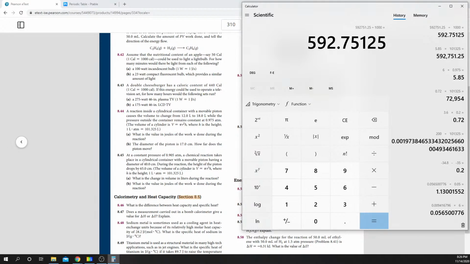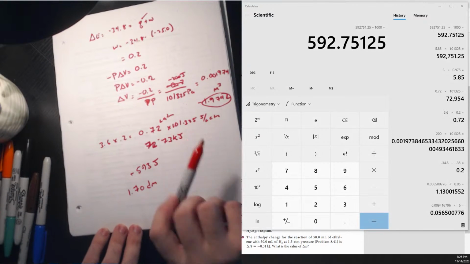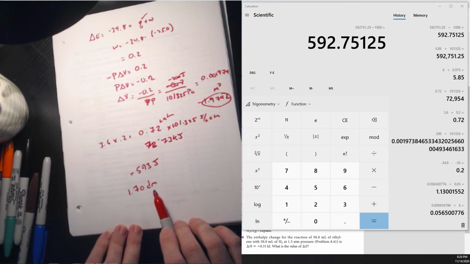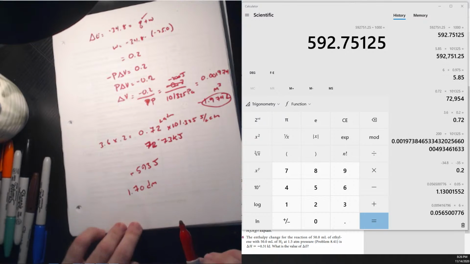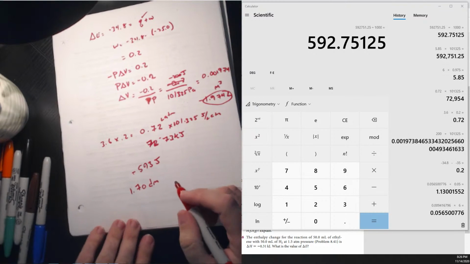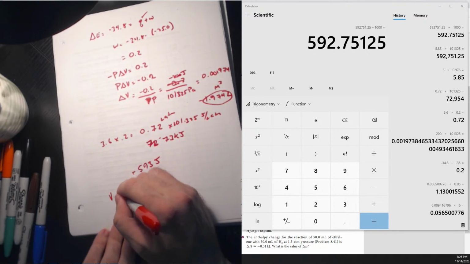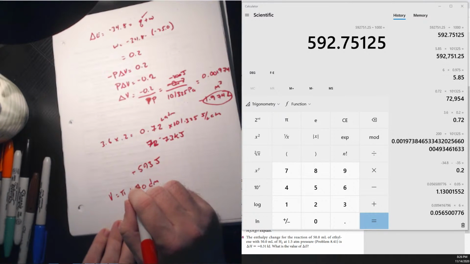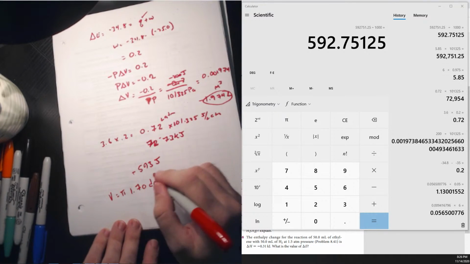So 17 centimeters is 1.70 decimeters. I'm changing it to decimeters because a liter is in cubic decimeters, so I'm saving myself some trouble later on. So volume equals pi r squared h. This is the diameter, so I'm going to need to cut it in half.